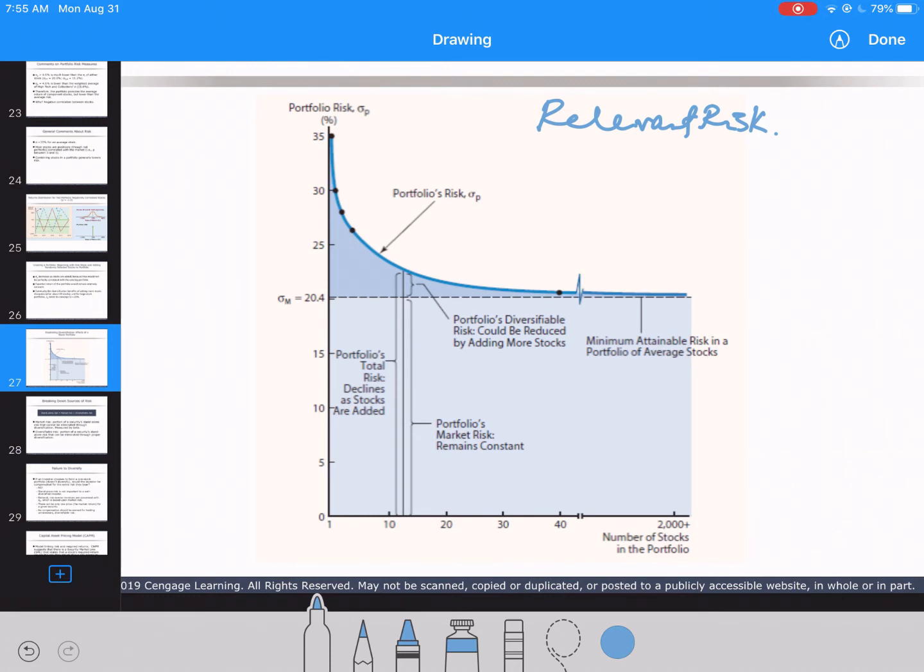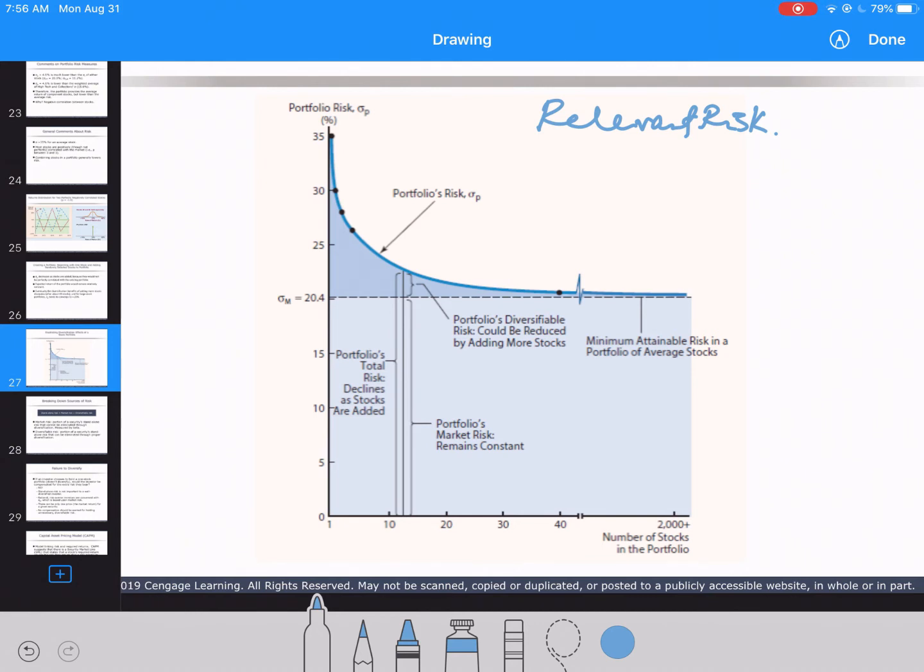If a standalone risk is 35% and you demand that your expected return should be based on 35%, then you are making a wrong analysis. Actually, as you build a portfolio by diversifying your risk, that will reduce from 35%.